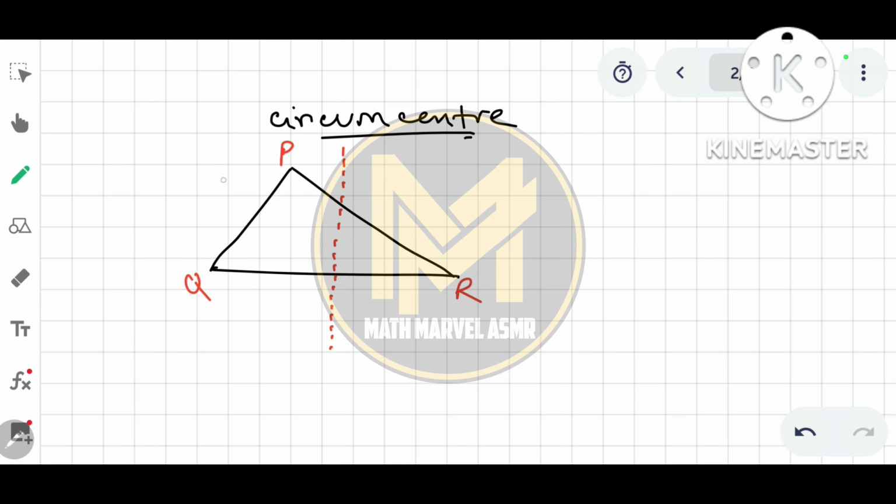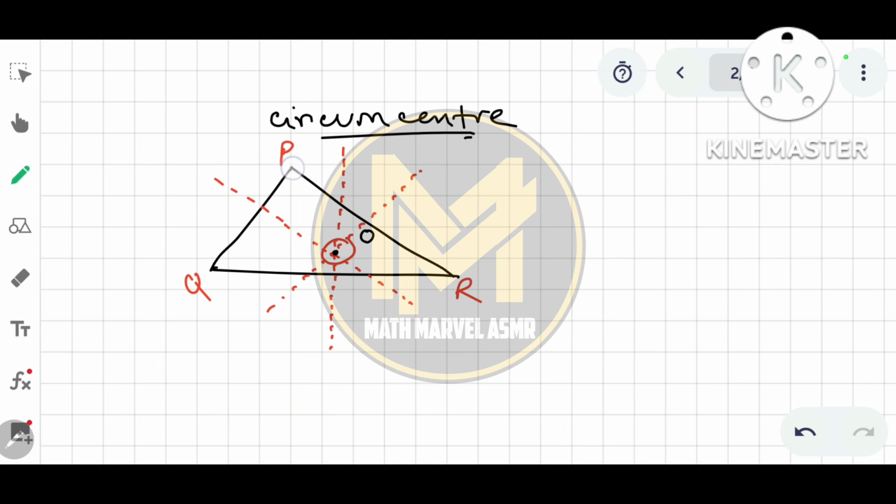Now draw the perpendicular bisector of the side PQ, and here the perpendicular bisector of the side PR. They intersect in a particular point, and this point is called the circumcentre of the given triangle. Since this is a point, let it be O.